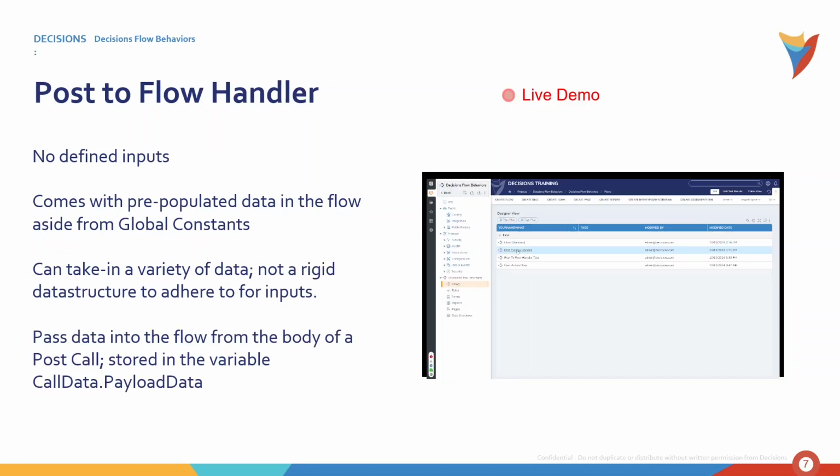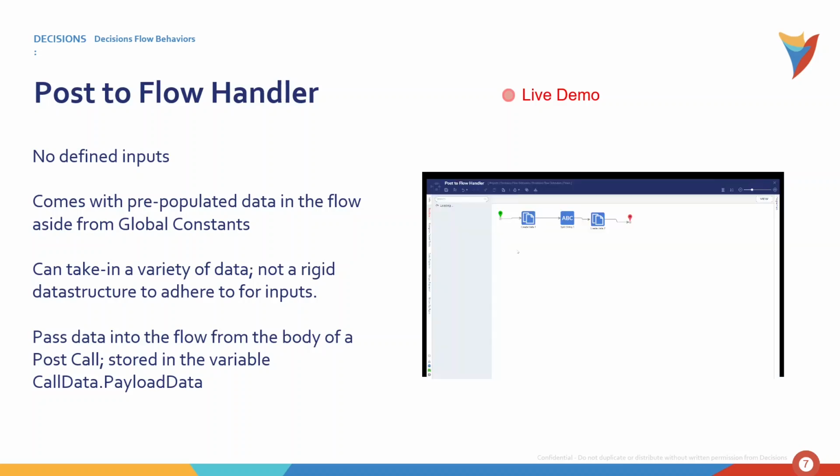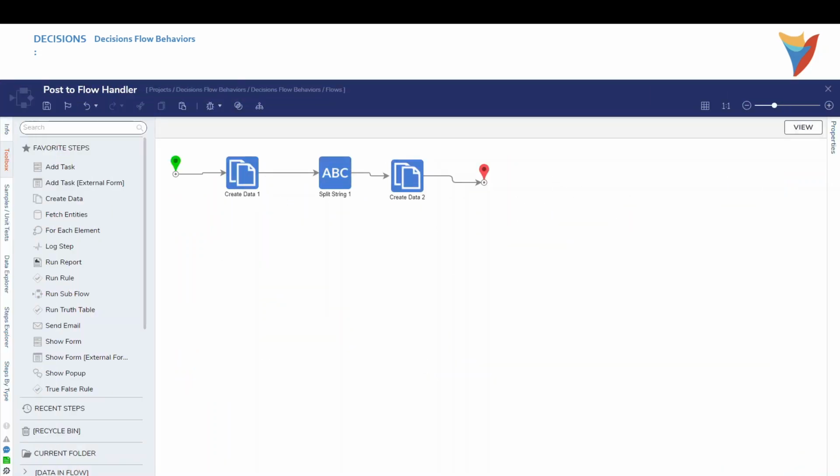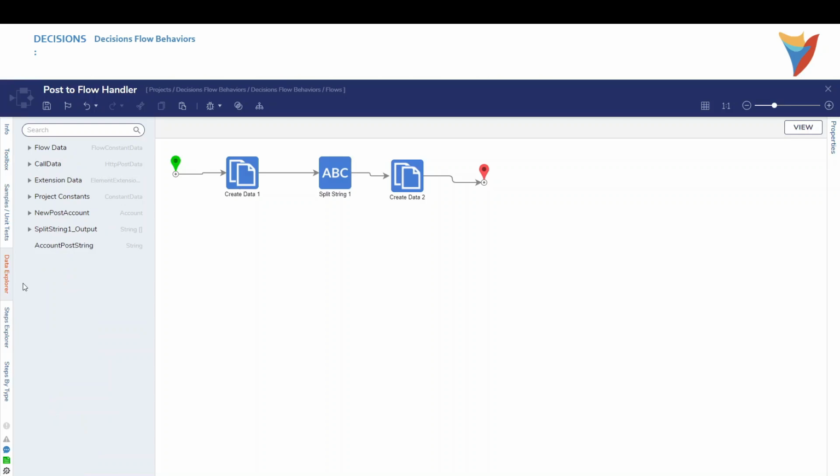The next type I'd like to discuss is the post to flow handler behavior. This type of flow has no predefined inputs, nor can you set any. However, it comes pre-populated with data in the flow aside from just the global contents. So if I go to Data Explorer here, you can see I have extension data, project constants, new post account, split string from the step I created here, and all sorts of stuff you wouldn't find in the standard flow behavior.